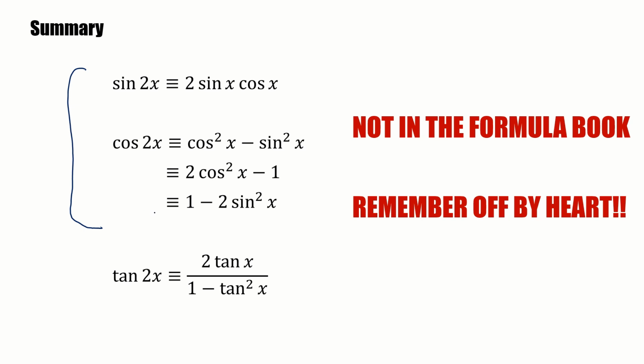Although I've shown you how to derive them, it's not just about being able to find the identity, it's about being able to recognize it, like for instance seeing 2 sine x cos x appearing in something and going, ooh, wait a minute, that is sine of 2x. Getting familiar with these things is important, and that will only happen if you know them off by heart.